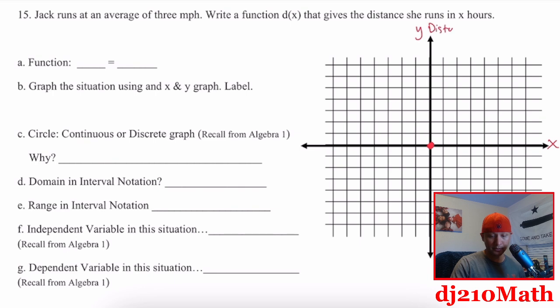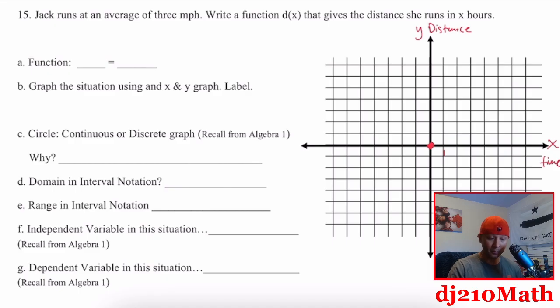So we have distance, and then we have time. Distance and time. All right, at 0 time, Jack has run 0 miles. After 1 hour, she runs 3.